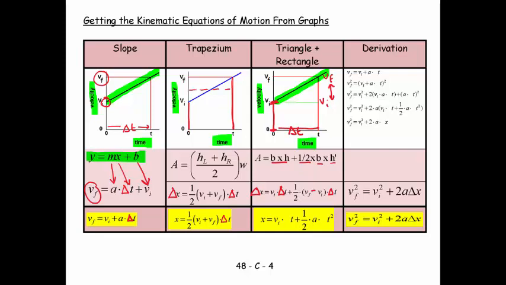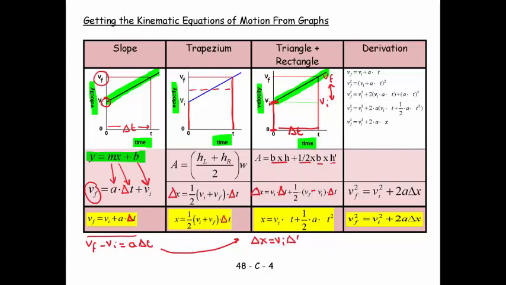Now that is a valid equation, but for various strategic reasons it's useful to rearrange this equation, to try and convert it slightly. So I'm going to go back over here to the first equation I did, and I'm going to recognize that Vf minus Vi is equal to A delta t. And then I bring that over here and I say, well, delta x is equal to Vi delta t.